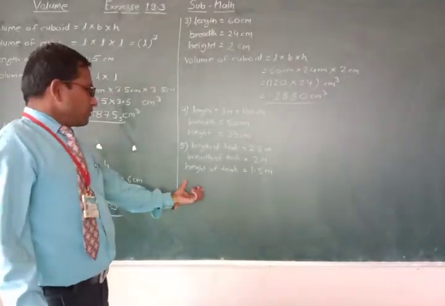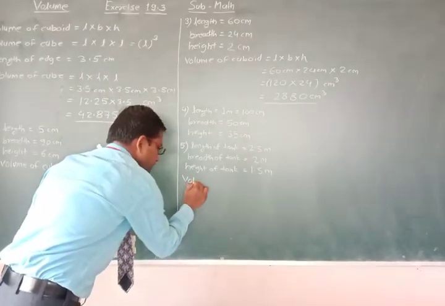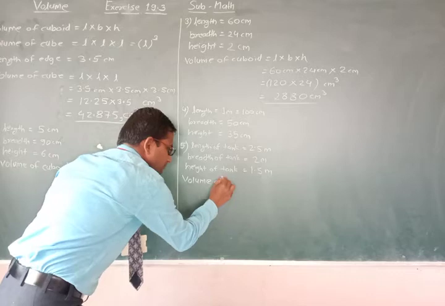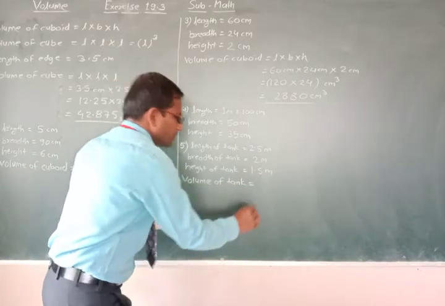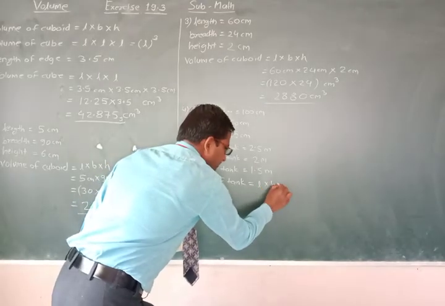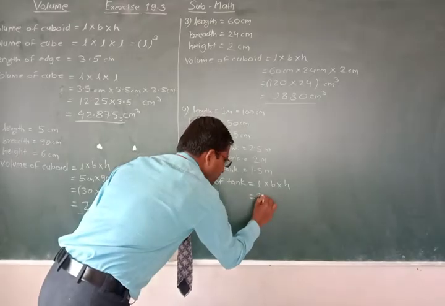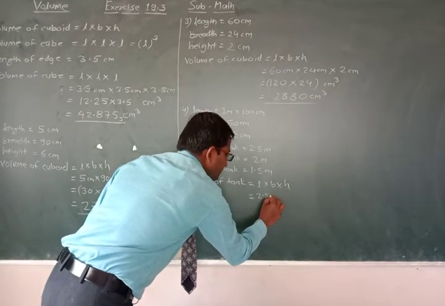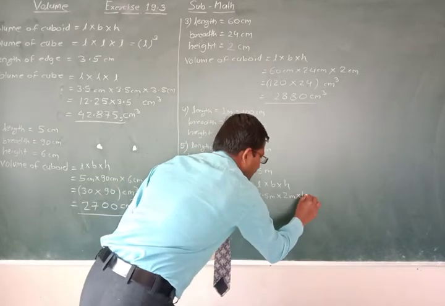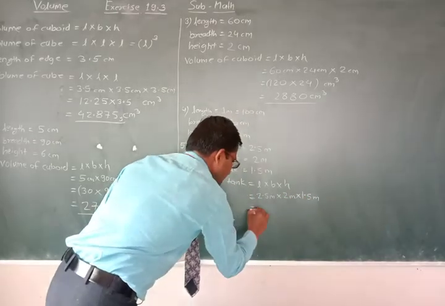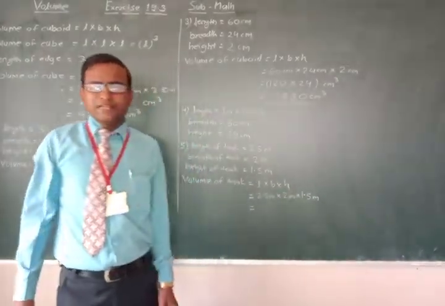So write here first formula. Volume of tank is equal to length multiplied by breadth multiplied by height is equal to length is given 2.5 meter multiplied by 2 meter multiplied by 1.5 meter is equal to, okay, 25 to the 50.